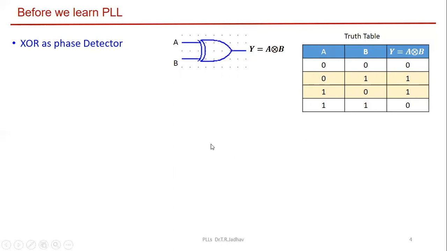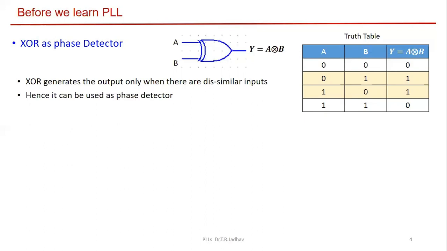This property of the XOR gate, which generates an output for dissimilar inputs, is helpful to detect the phase difference between two inputs. That's why in digital phase detectors, you will find the XOR gate popularly used.